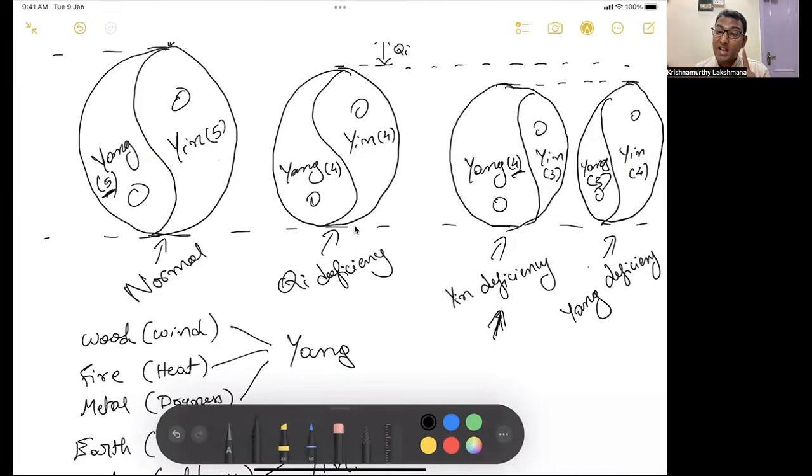But we can say yin deficient. Yin is deficient in relation to yang. That is why. If yin is deficient, then we can't say yang excess. You are saying it like that. We don't say so. As we go further, you will understand the nomenclature. I'll tell you what you are asking for.